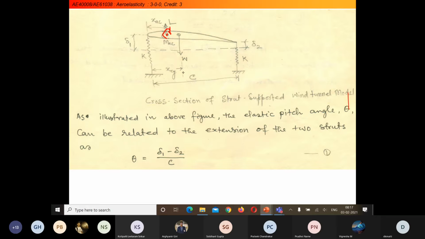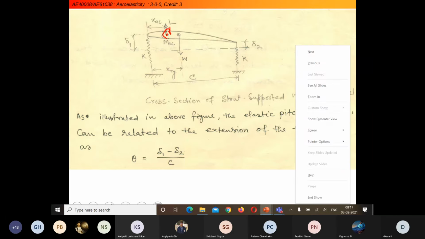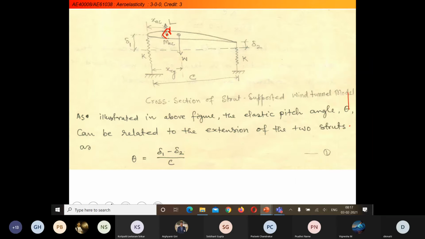The weight of the wind tunnel model acts through the CG at distance XCG from the leading edge, and the overall chord length is C. After the aerodynamic pressure develops in the wind tunnel, there will be deflection, delta 1 at the leading edge and delta 2 at the trailing edge.